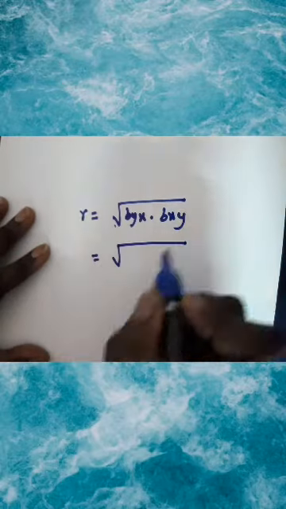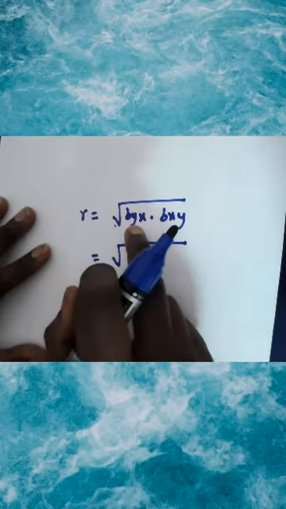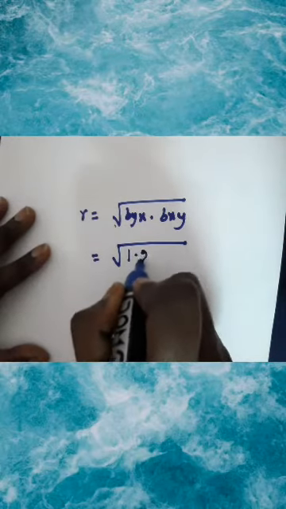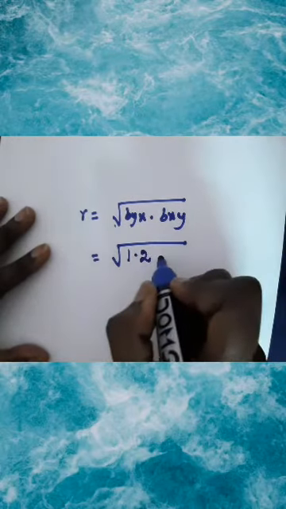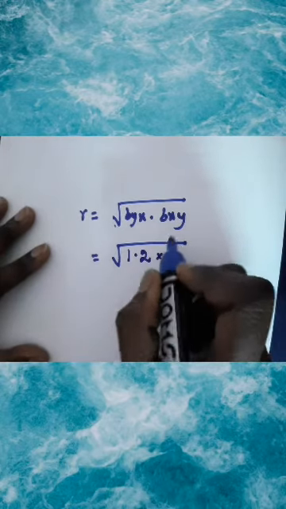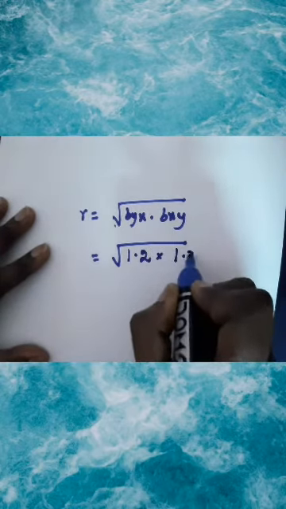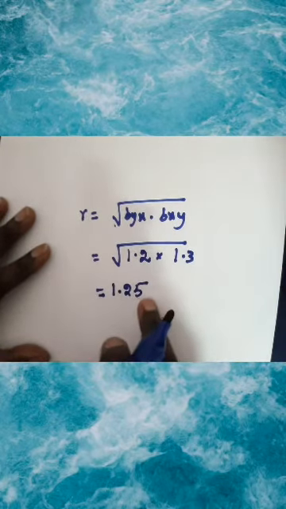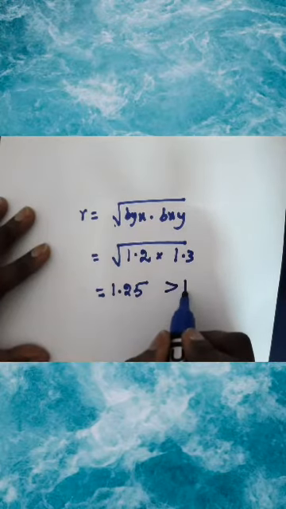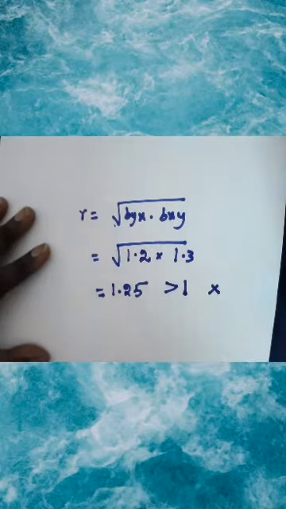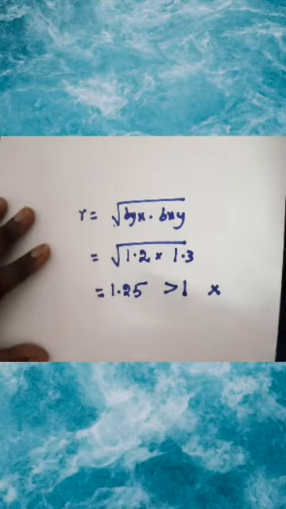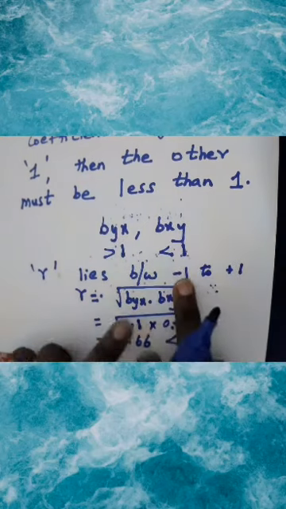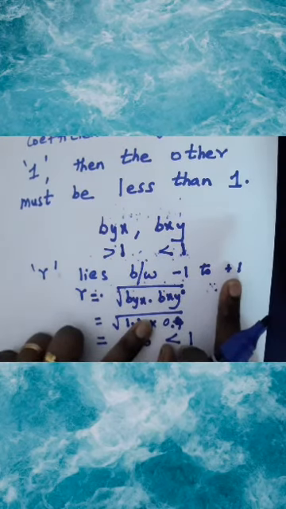In place of byx, I'll take the first term as 1.2, which is greater than 1, multiplied by the next regression coefficient, which I'll take as 1.3. Obviously you will get something greater than 1, about 1.25. It is not applicable, because the value of r should lie between -1 and +1.